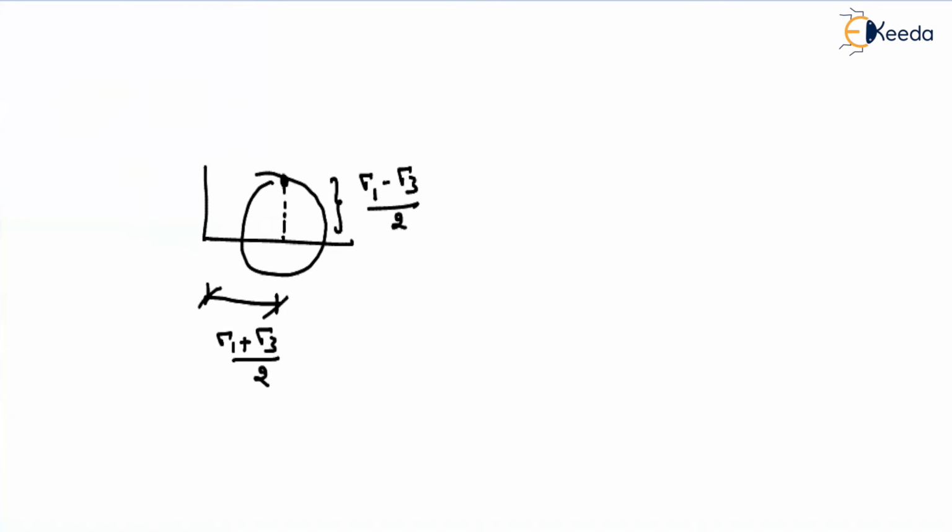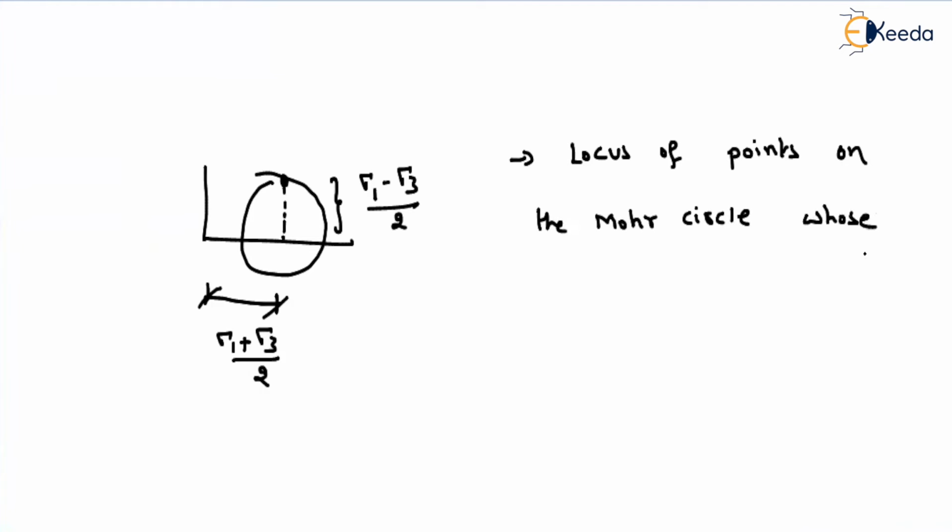The stress path is a locus of points on the Mohr circle whose coordinates represent the maximum shear stress and sigma dash.